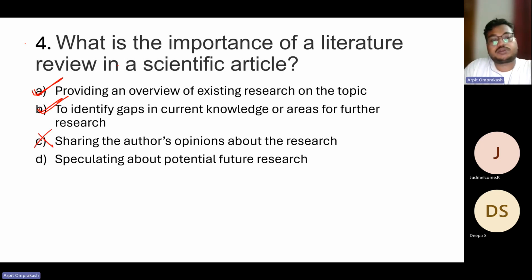It does not share the author's opinion about certain research, and it does not speculate about what potential future research is going to be carried out. It just gives us a direction of what future research can be carried out. Okay, it's not speculating about what's going to happen. It's about what you can do, what people can try and look at.